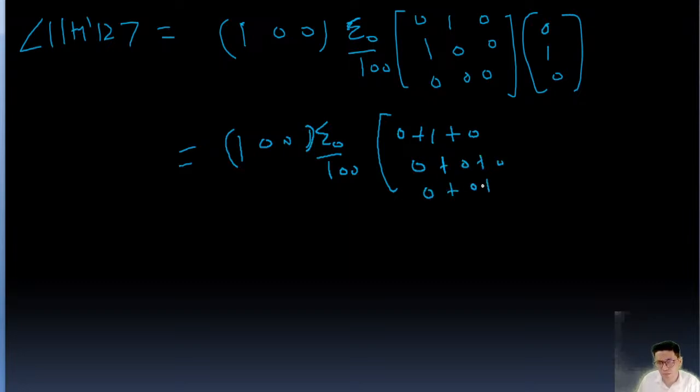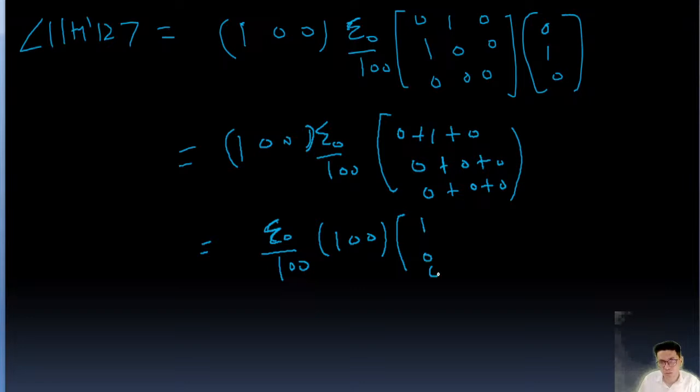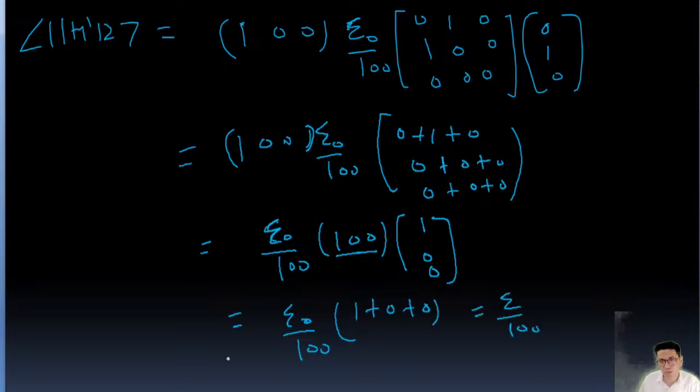Okay, so this is going to be epsilon 0 upon 100, E naught upon 100, and this value is 1 0 0. Okay, we'll solve it. So this is going to be epsilon upon 100 into this with this, right? So this is going to be 1 plus 0 plus 0. This value is epsilon upon 100.